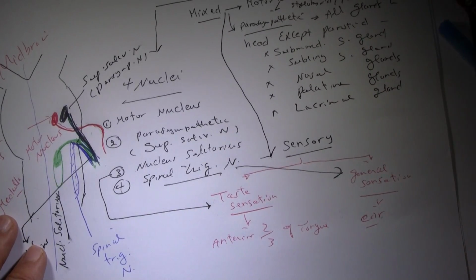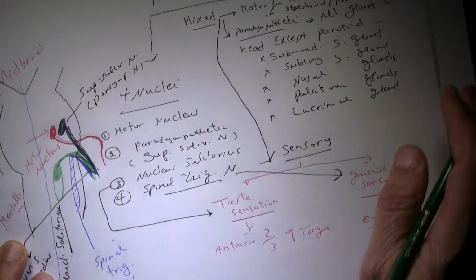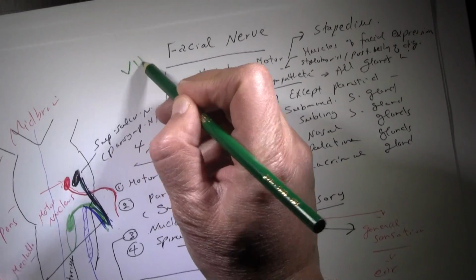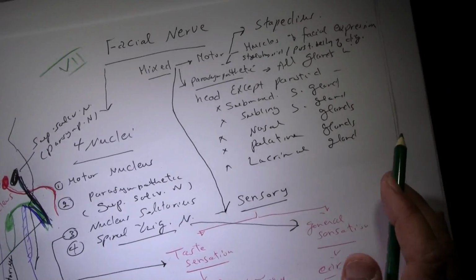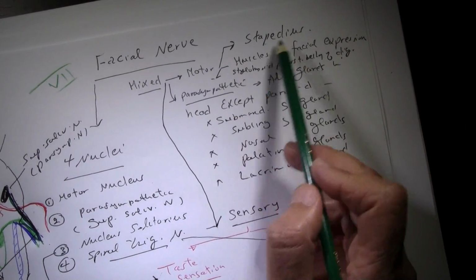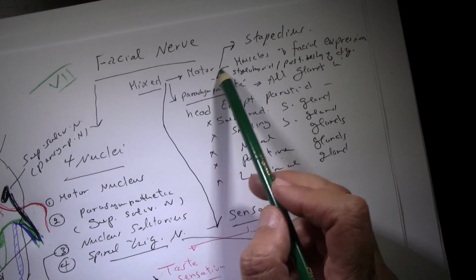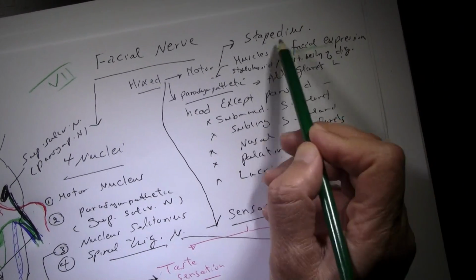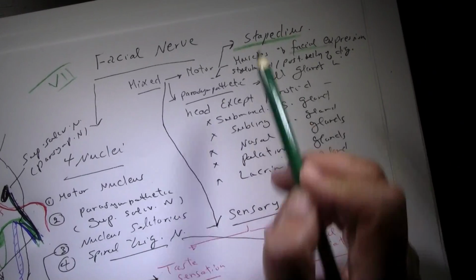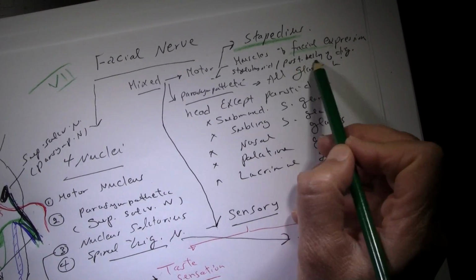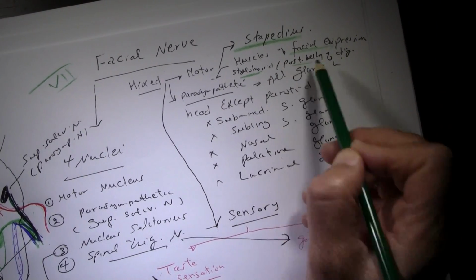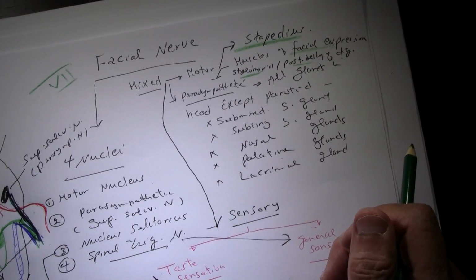So the facial nerve, to start with, is a mixed nerve. This is cranial nerve number 7. It has muscular branches going to the muscles of facial expression, to the muscle inside the ear called the stapedius, and the stylohyoid muscle and posterior belly of the digastric.